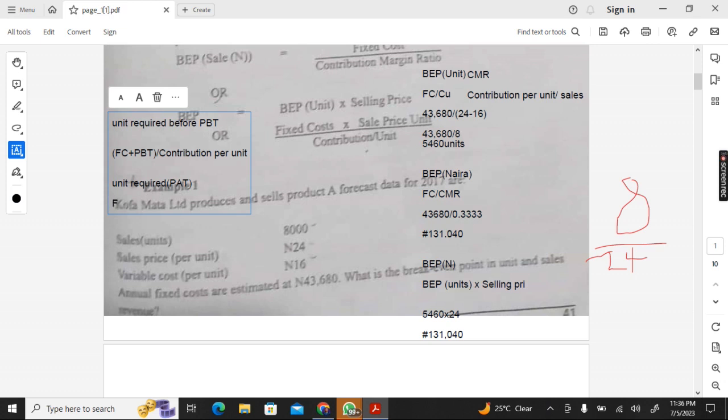So the units required is fixed cost plus PAT over one minus tax rate, divided by contribution per unit. This is how we can get this particular one.